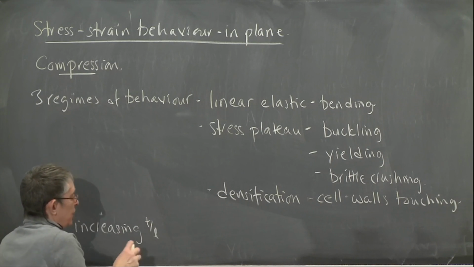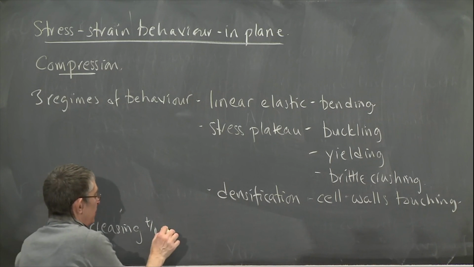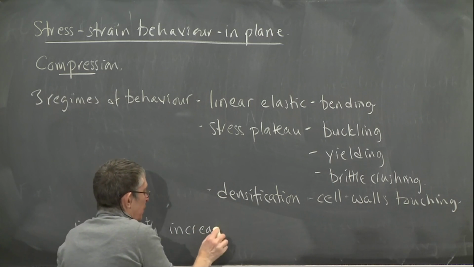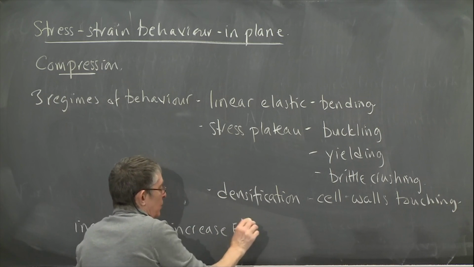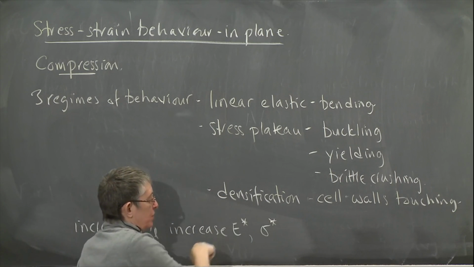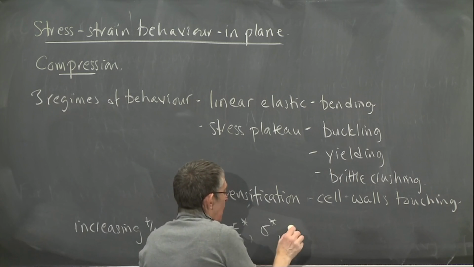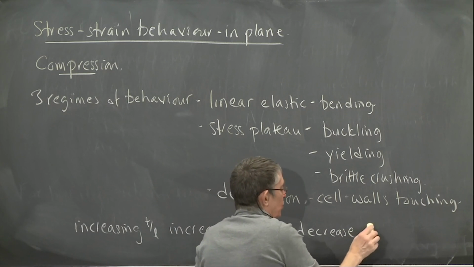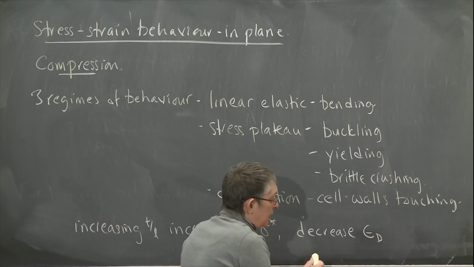And if we increase the ratio of the thickness of the cell walls relative to their length, we're going to increase the stiffness, so the Young's modulus of the honeycomb, and the stress plateau, which I'm going to call sigma star. And we decrease the strain at which that densification occurs, which I'm going to call epsilon d.